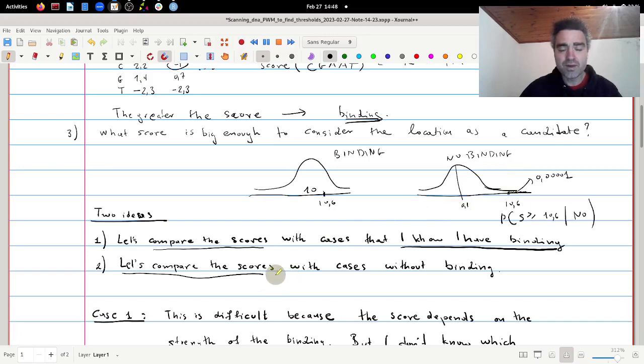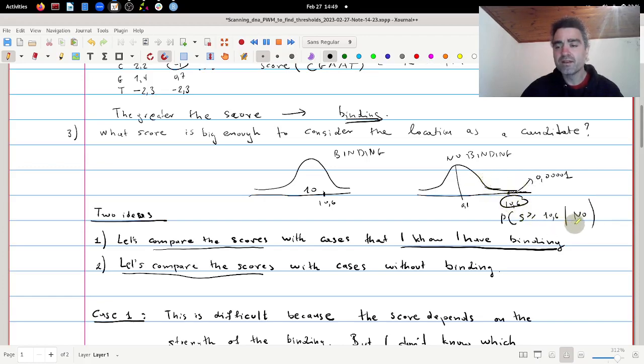If we compare our scores, so the real score that we have is 10.6, with cases that we have no binding. Since a high score indicates binding in our case, we want to assess how possible it is to get such a high score that we have observed, or even higher, when there is no binding.